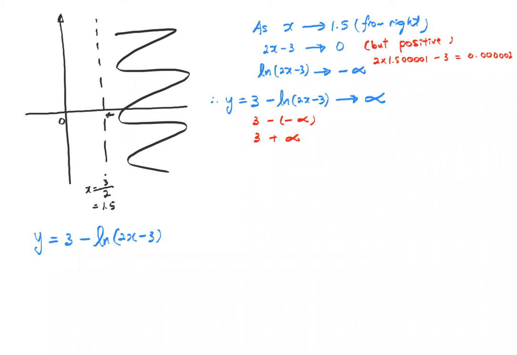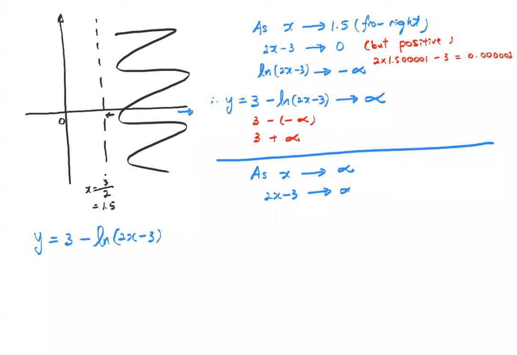Okay. So now this is what the question wants you to do. I'm going to do one step extra. That is, I want to study what happened to this side. So as x tends toward infinity, 2x minus 3 will tend toward infinity. So ln(2x minus 3) is still infinity.